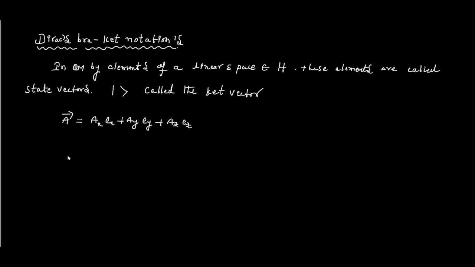So here I am taking another vector addition. If you add two vectors, this is A vector and this is B vector. I am going to add these vectors. This one is A, this one is B, and the resultant is C vector.